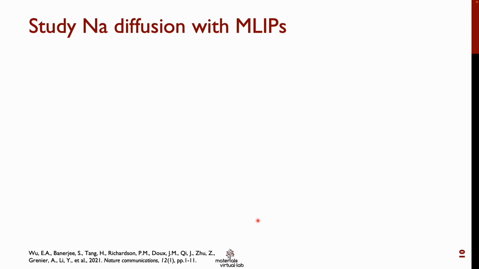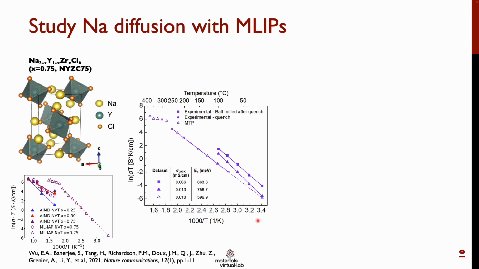So we continue to apply this to study sodium diffusion in this sodium yttrium zirconium chloride system, which is actually a structure where we dope zirconium into the sodium yttrium chloride structure, and we obtain high ionic conductivity with this NYZC75 composition.